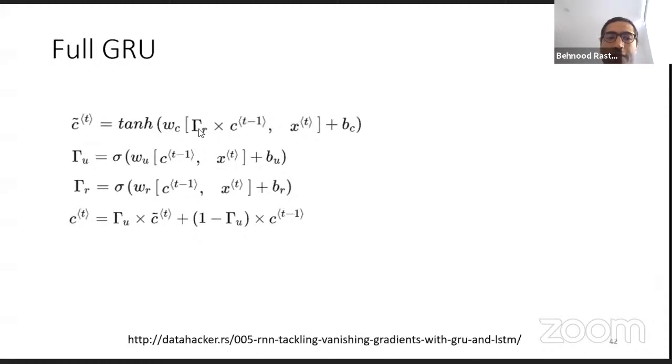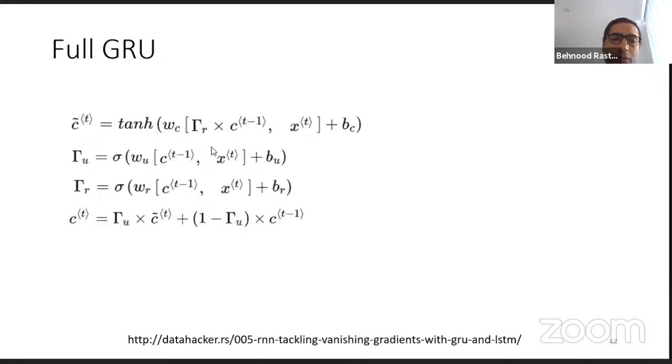This gamma R is the relevance gate and decides how relevant the previous value is to compute the new candidate, which is C tilde. So you can assume it this way. This is basically the main difference between full GRU and simplified GRU.